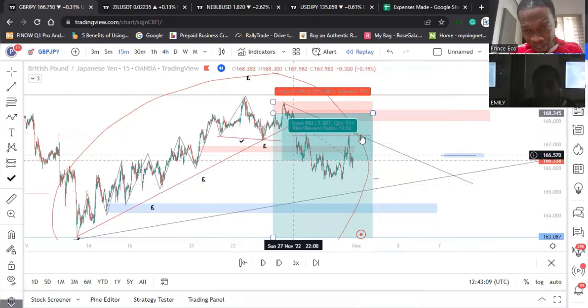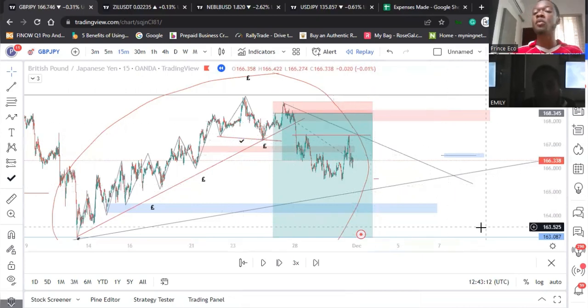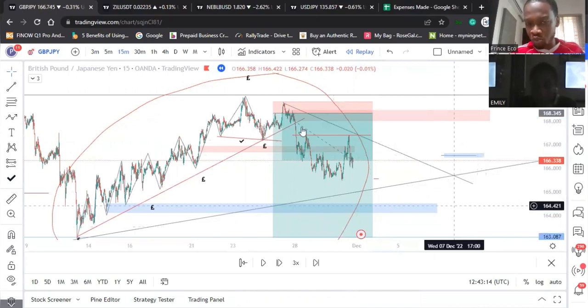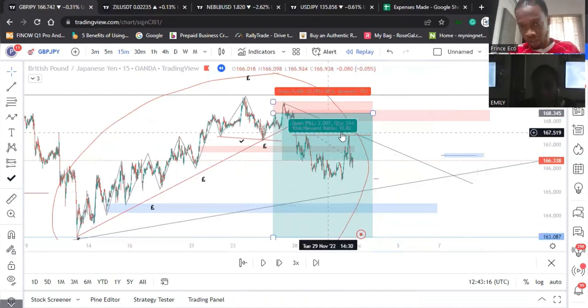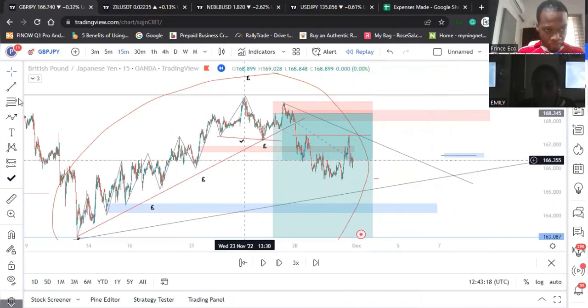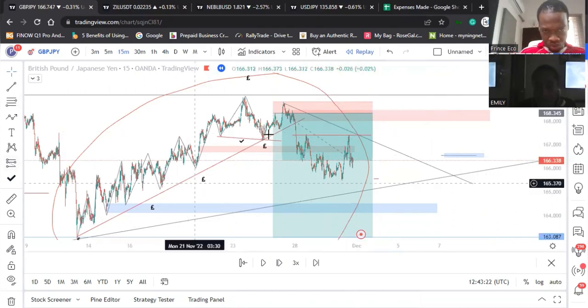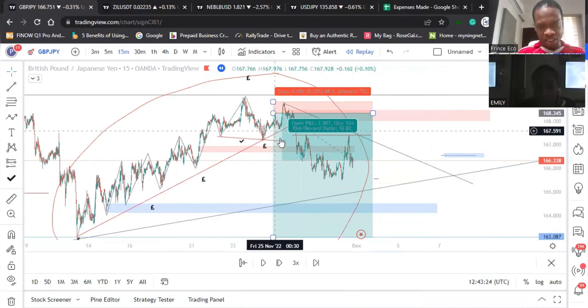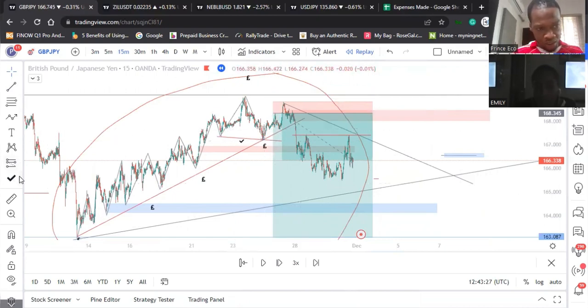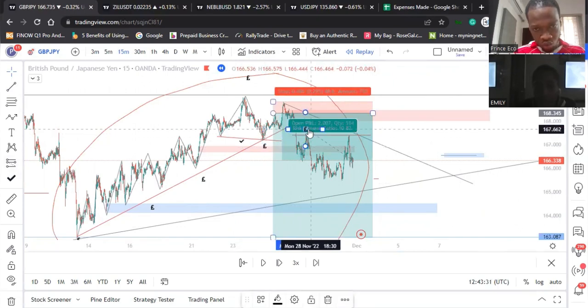So now the market is creating an equal here. This is another confluence that the market is trying to build up liquidity for itself here. Yes. But this is not enough liquidity compared to this one. Have this in mind. This is not enough. This is just two liquidities.